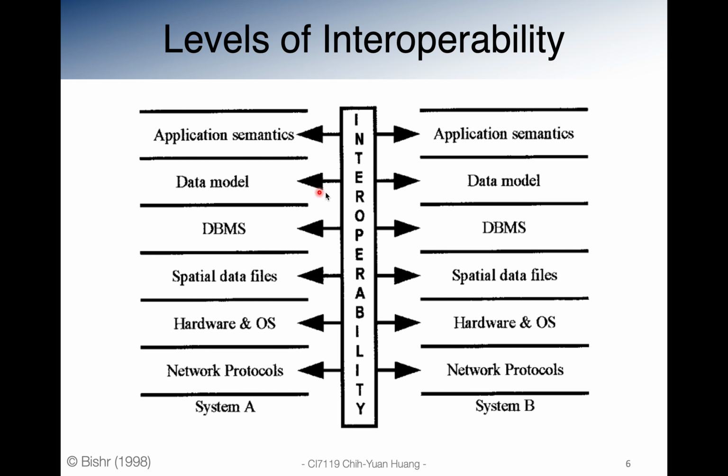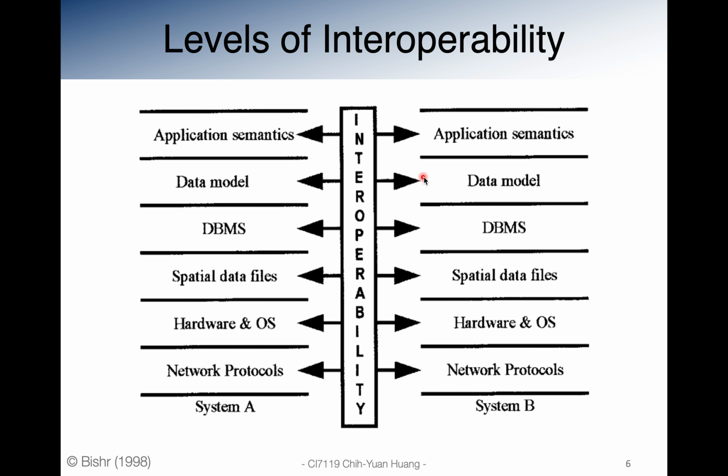Then in terms of the data model, system A and system B could be using the same data model specified by a third party or by a certain standard. In this case, their data models can be connected together, or they can directly integrate with each other.